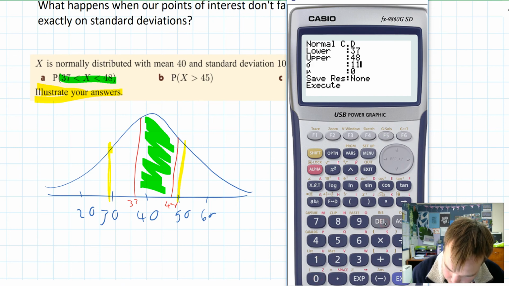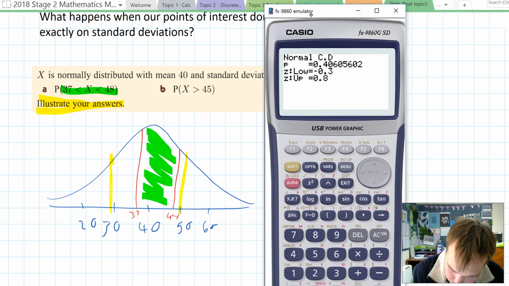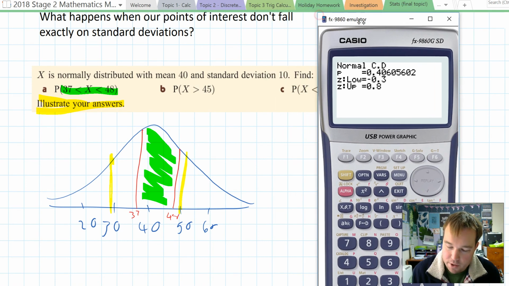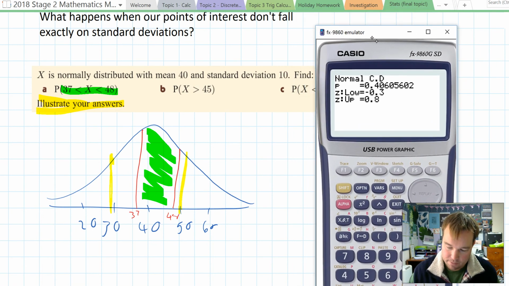Not 110, just 10. And mean of 40. Execute, execute. And there is our probability of 0.406, or take that number times it by 100 is 40.6%. Nice. So we can get an estimate from what we know of the curve, and our calculator gives us the exact.